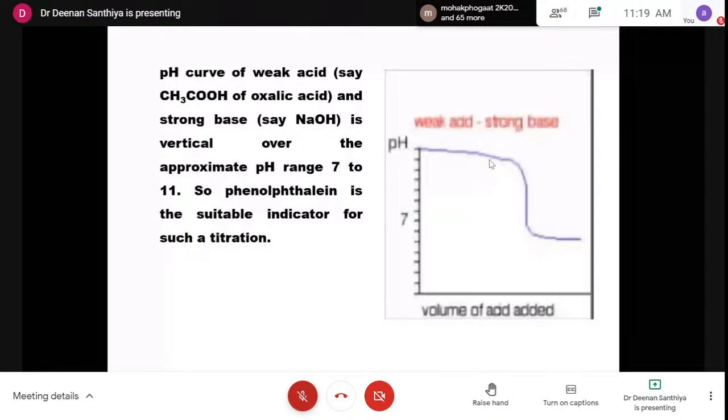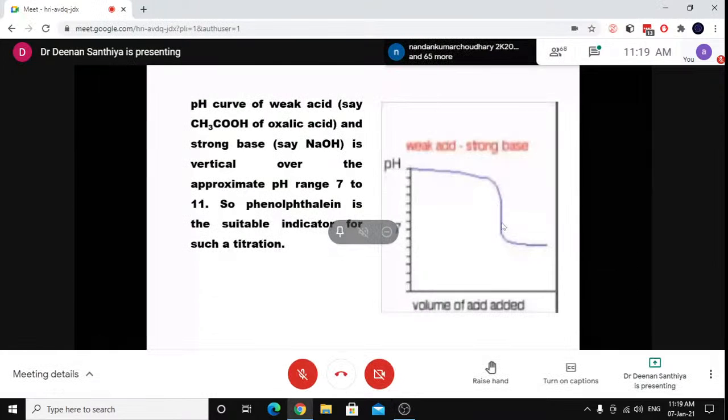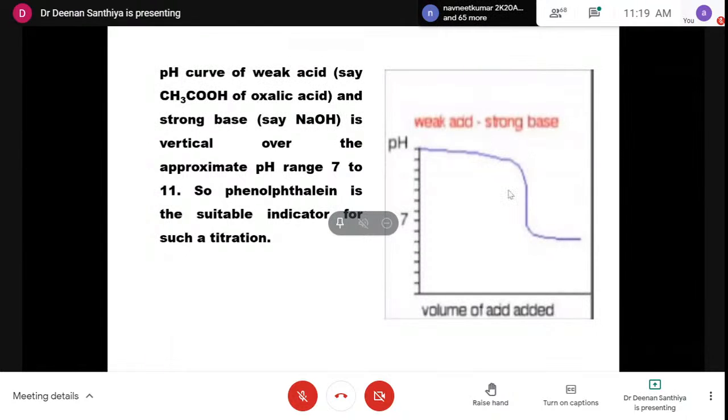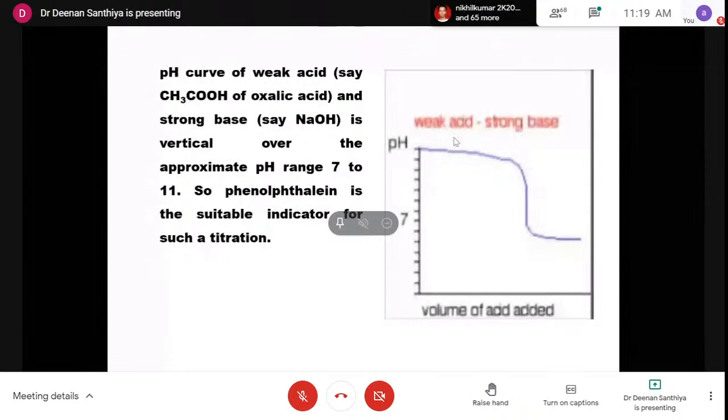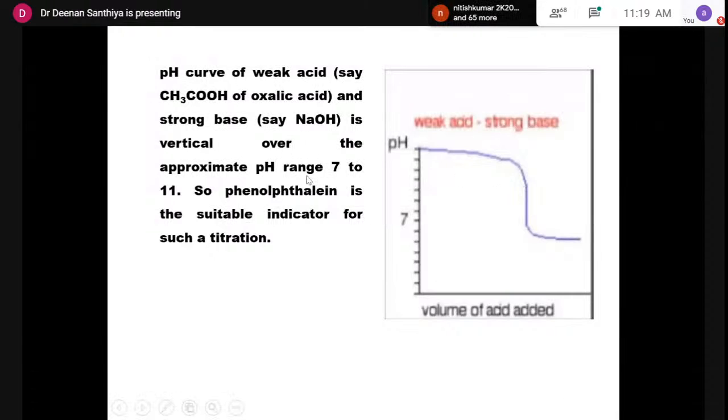But if you see this portion, this portion is shorter when we compare to strong acid and strong base. Because since it is a strong base, here weak acid, it neutralizes very fast. Fine. So, the approximate pH range is 7 to 11.